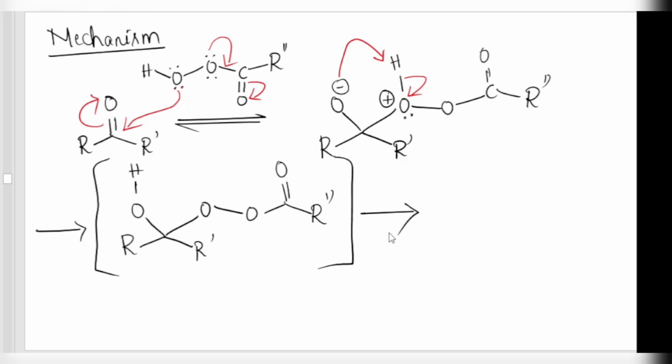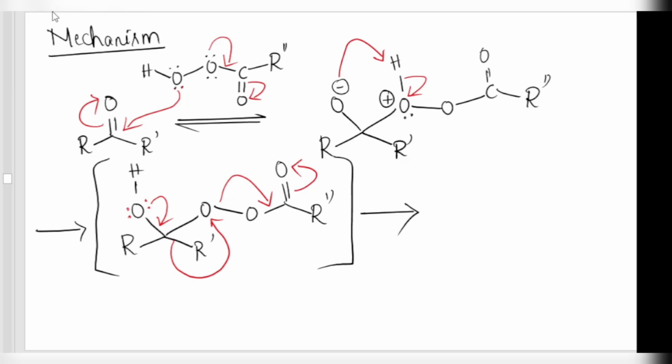Now this step is very crucial in the case of Baeyer-Villiger oxidation, and here the rearrangement will happen in a concerted way. The lone pair which is present on this particular oxygen will move like this, and this whole R prime will shift like this, one shift, and this group will leave as acetate, or in general it depends on R, like a carboxylate ion will leave this particular moiety.